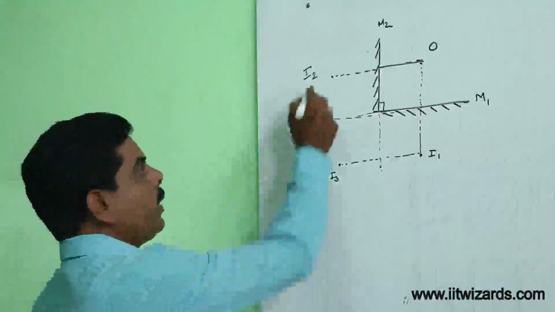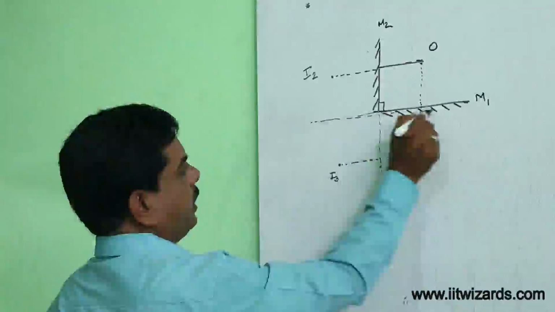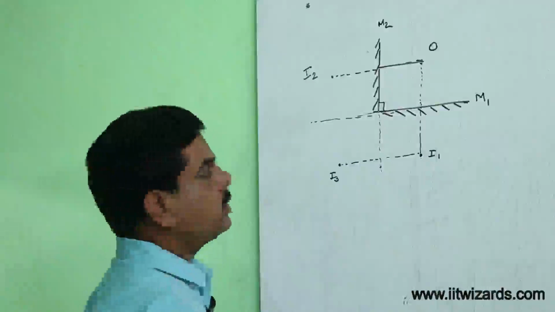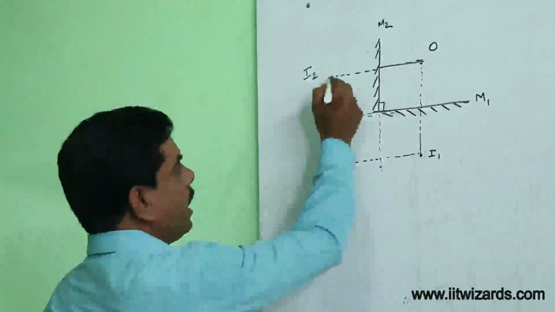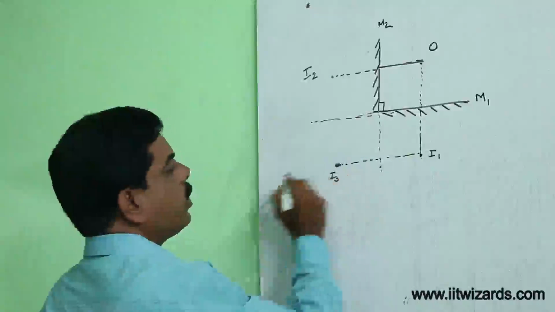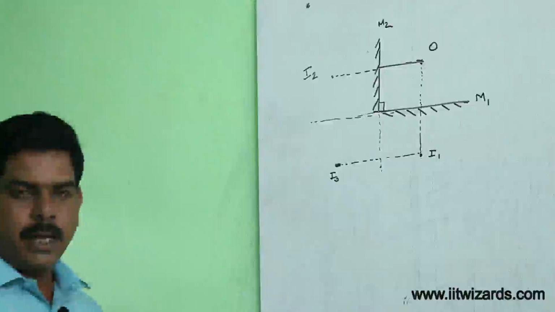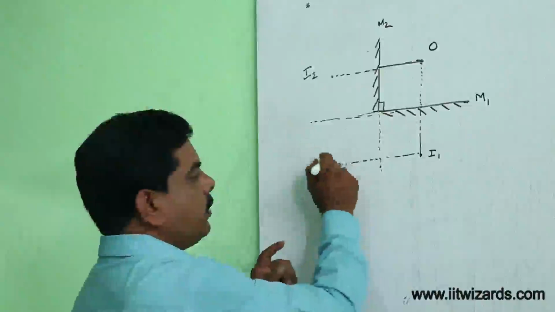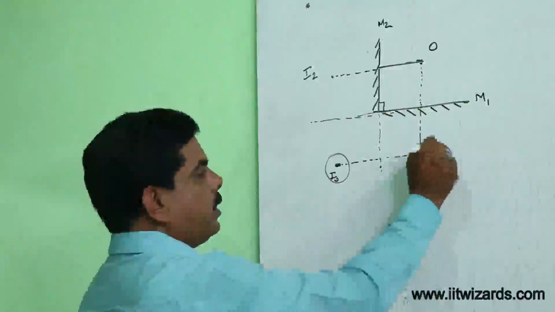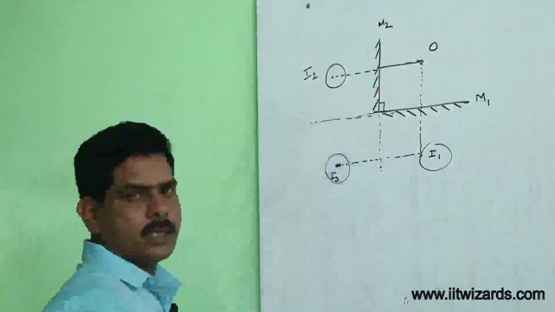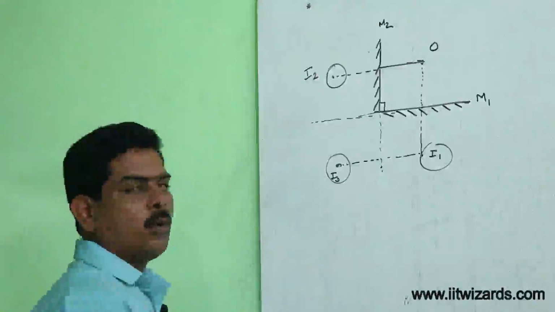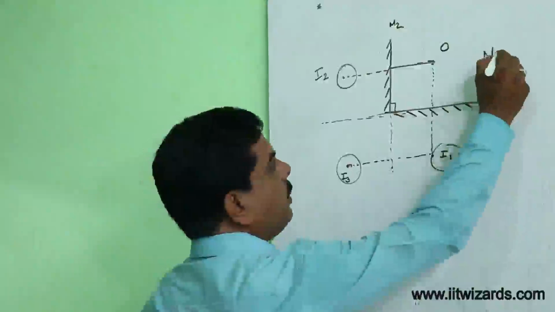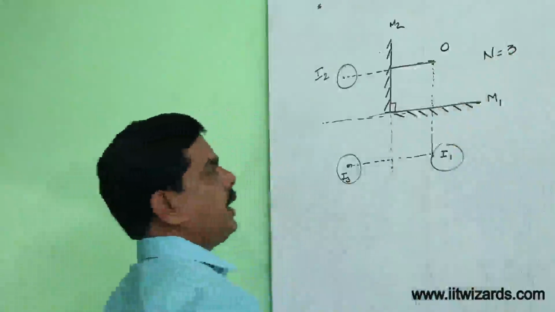In a similar way, M1 extended backwards, I2 is a virtual object for M1 extended, and so therefore it again forms an image I3. So here you have to note that the images formed by 2 virtual objects in the extended part are overlapping at I3. So therefore, the total number of images that are formed is 3.